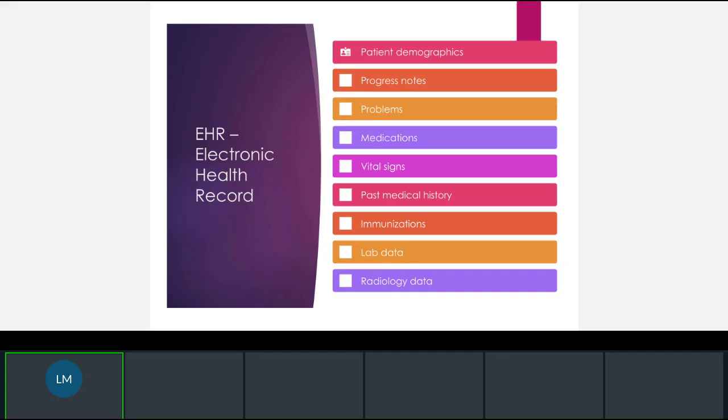So that electronic health record includes information like patient demographics, meaning patient information, who they are, where they live, how old they are, things like that.